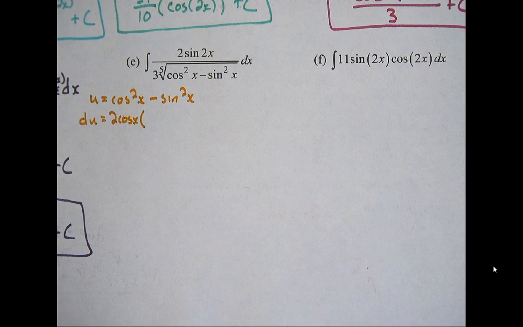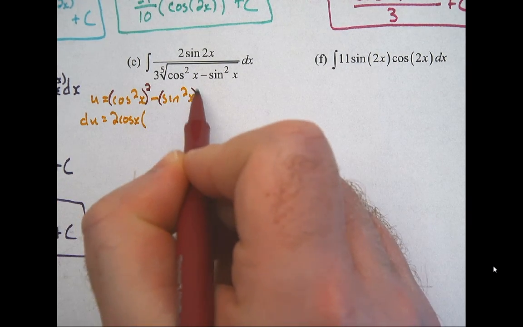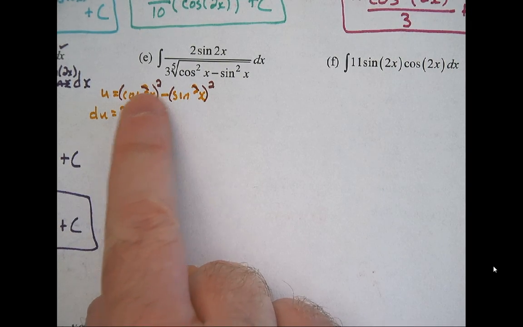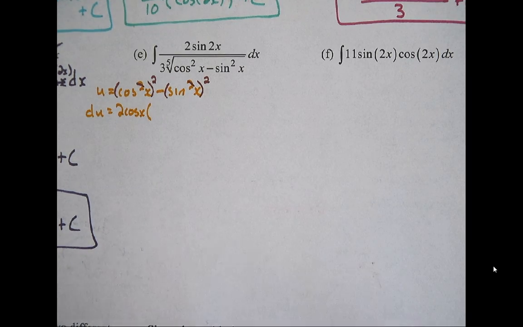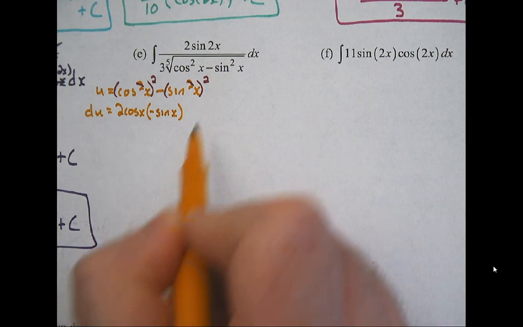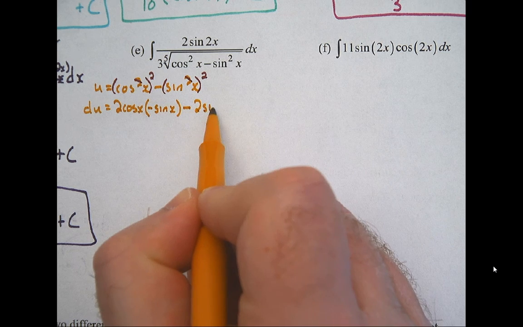So remember, maybe I'll actually rewrite it on here. This is cosine squared. This is sine squared, right? So something squared's derivative is 2 something times the derivative of that something. So what's the derivative of cosine? Negative sine. Minus something squared is 2 something.